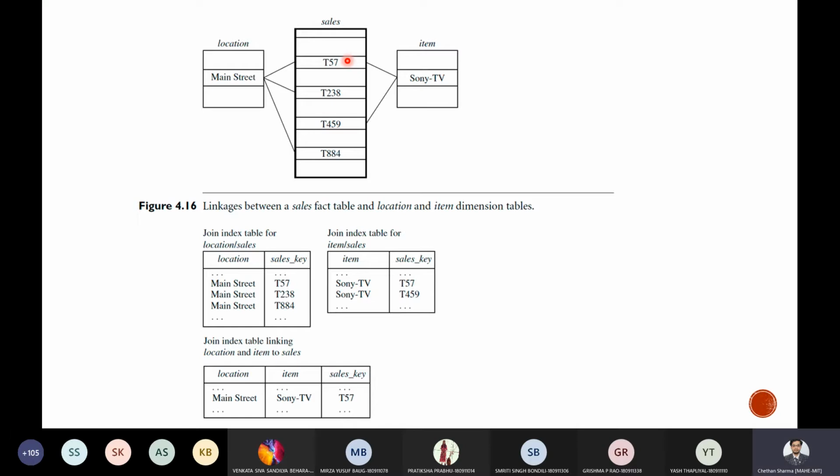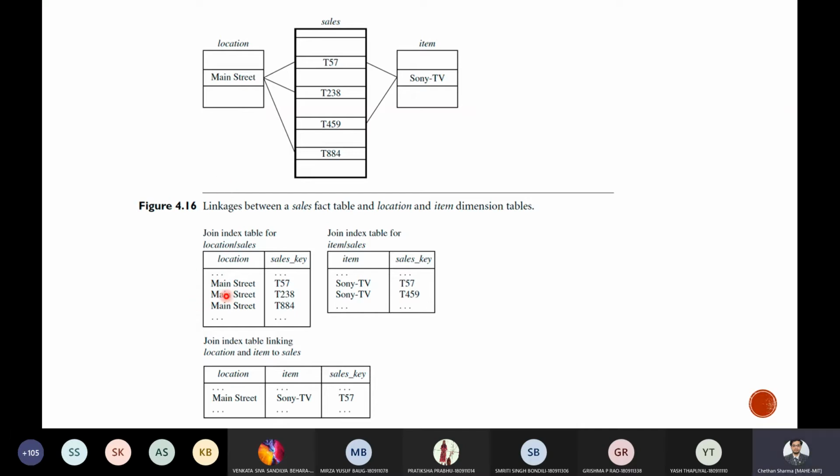So the corresponding join index table is given in this particular figure, that is, figure 4.17. You can see that it shows the linkages in the star schema. This is the join index table for this figure.